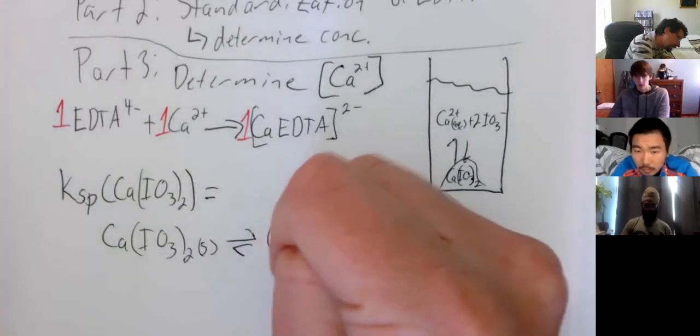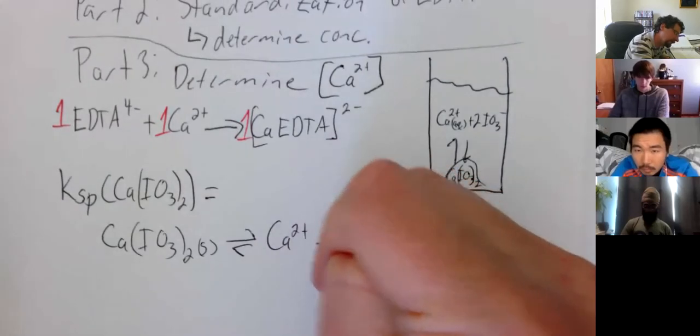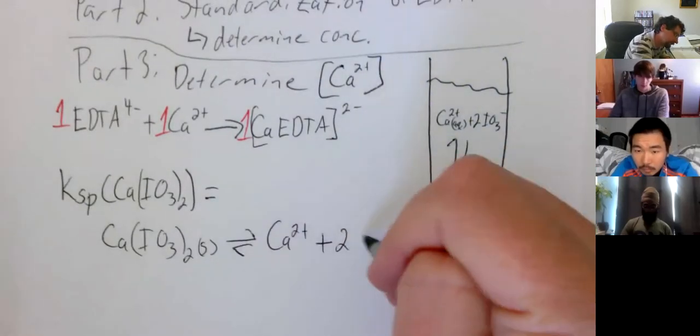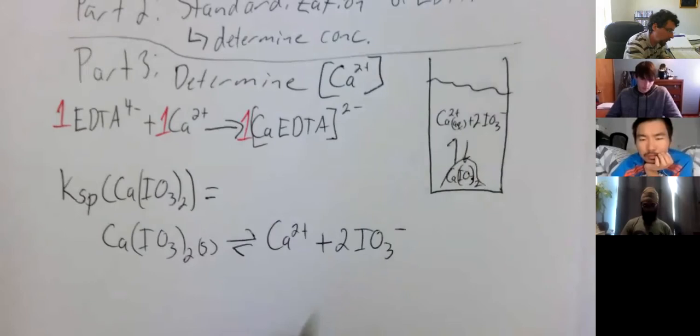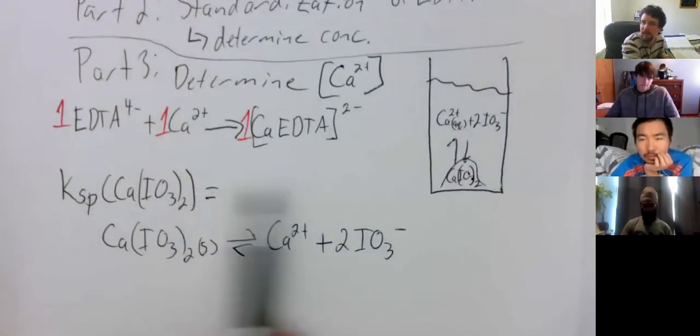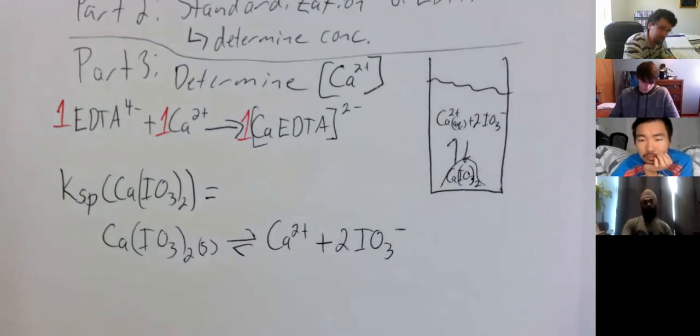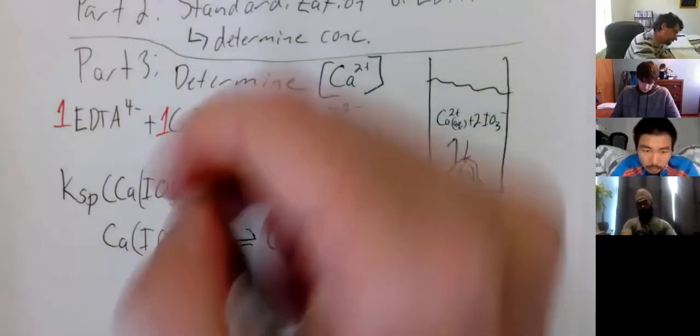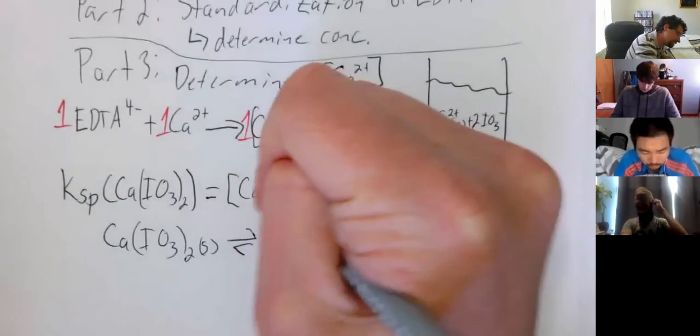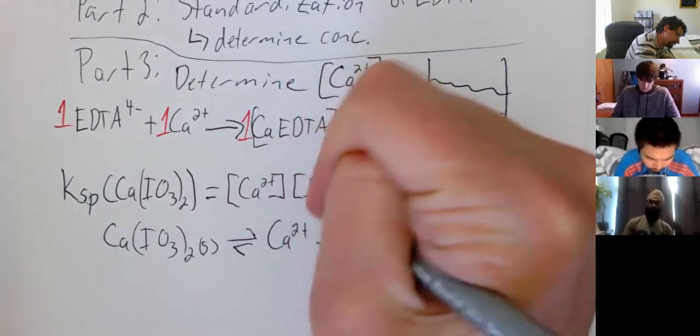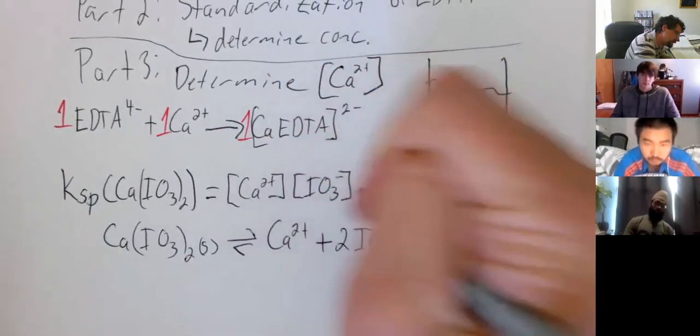Ca 2+ plus 2 IO3 minus. Yep. Okay, somebody else, tell me the KSP expression. Concentration of calcium times concentration of iodate. Is that cubed or squared?